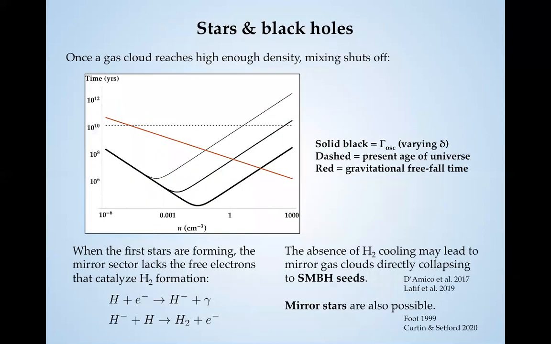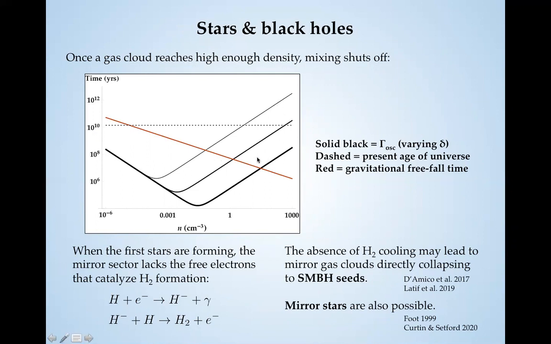And then the other is the formation of stars. So we expect that as gas clouds collapse during the dark ages, H-H prime mixing will shut off due to the high densities in the clouds. And at that point, standard model and mirror hydrogen will then evolve independently, except for the gravitational interactions between them.